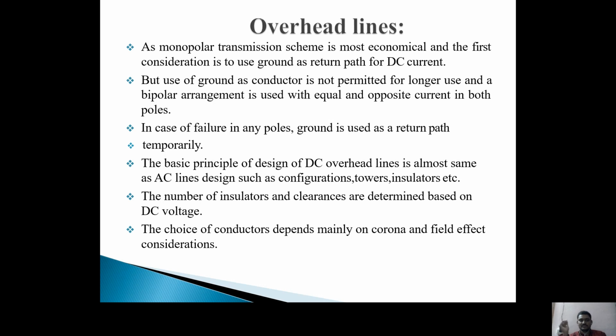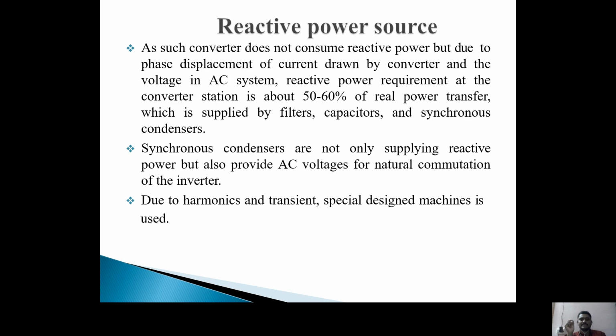Next, reactive power source. As such, the converter does not consume reactive power, but due to phase displacement between the current drawn by the converter and the voltage in the AC system, the reactive power requirement at the converter station is about 50 to 60% of the real power transfer, which is supplied by filters, capacitors and synchronous condensers.